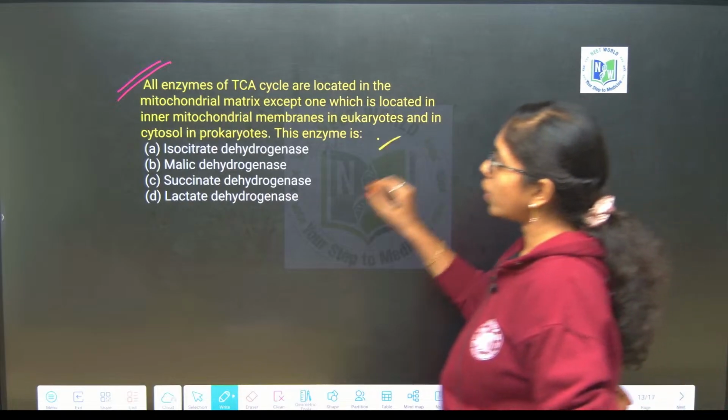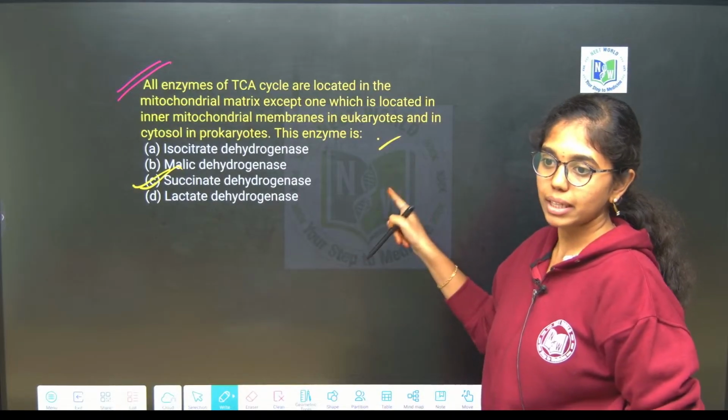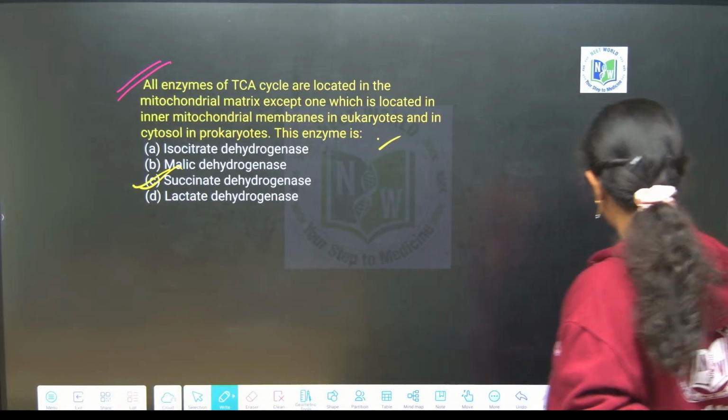The enzyme is what? Succinate dehydrogenase, which is present in the inner mitochondrial membrane.